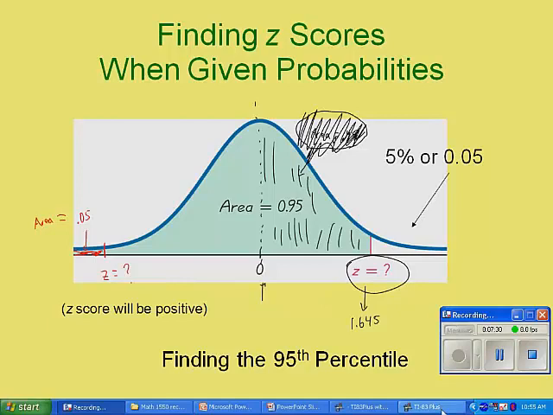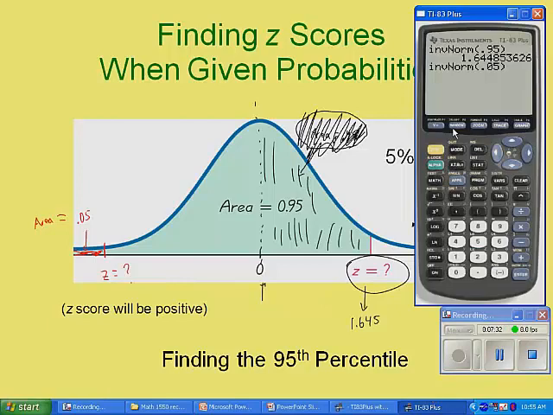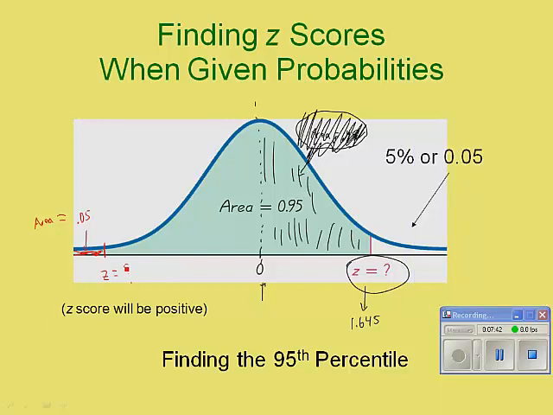Does anyone think they know what the answer is going to be without me typing it? Let's see if you're right. It's negative 1.645. Why? Well, because the bell curve is symmetric. It's the same on both sides of the dotted line, on both sides of the mean.